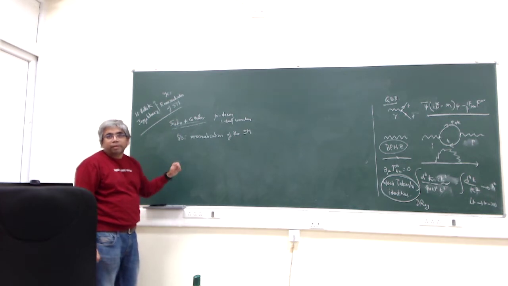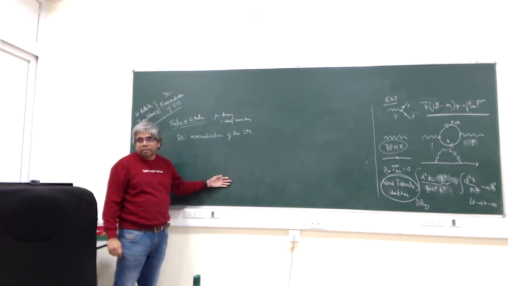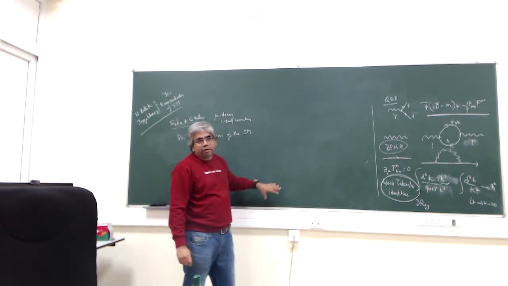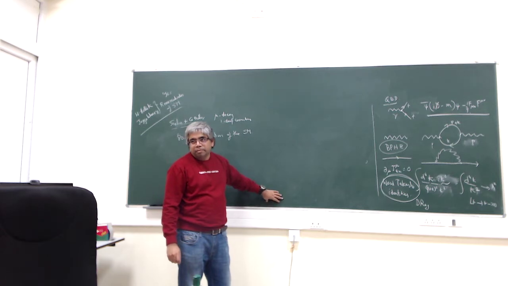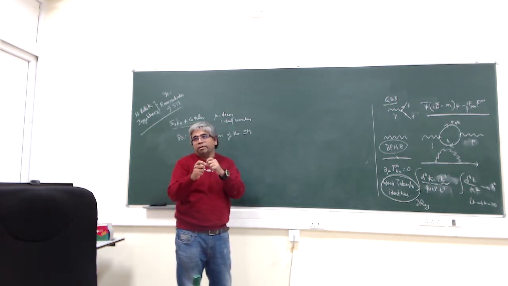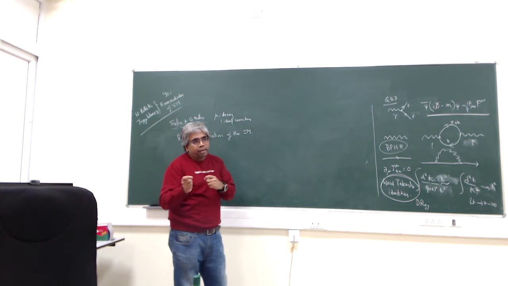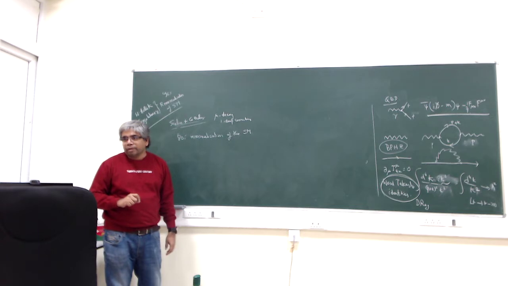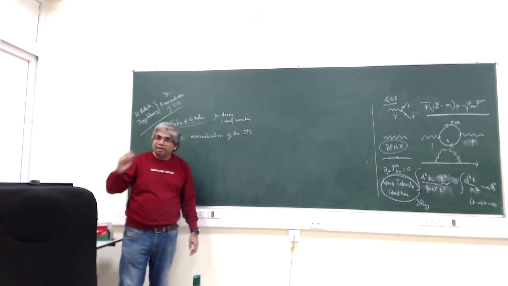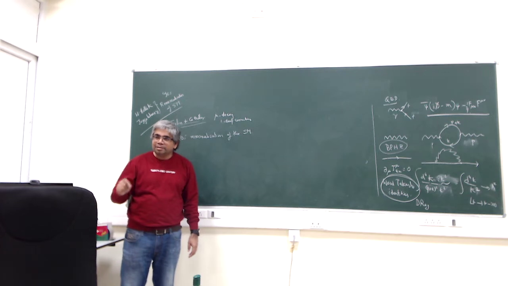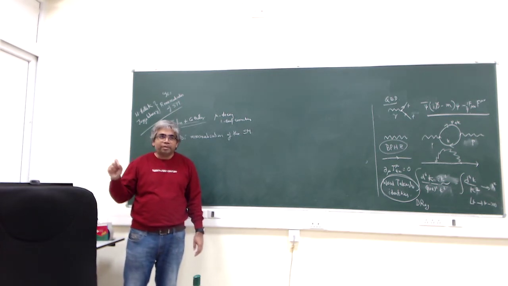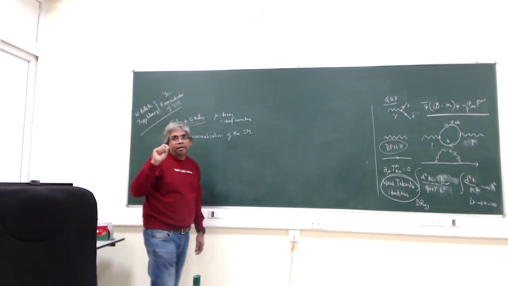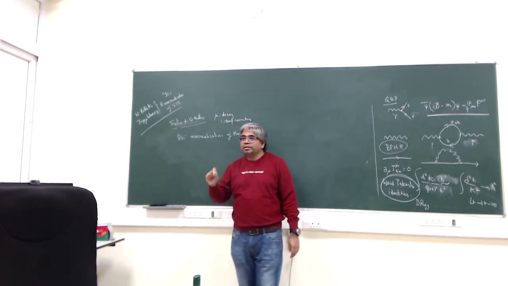Now everybody has to choose a scheme of renormalization. I told you that renormalization involves what finite terms you leave and what infinities you absorb. When you absorb the infinity, you have a choice in how you do it, and this choice is called the scheme dependence of the renormalization. So every physical quantity is renormalization scheme dependent in a quantum theory.